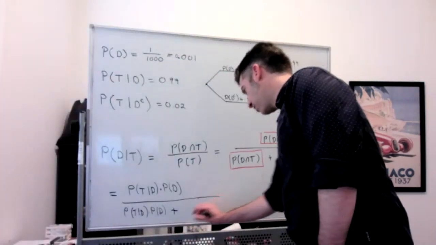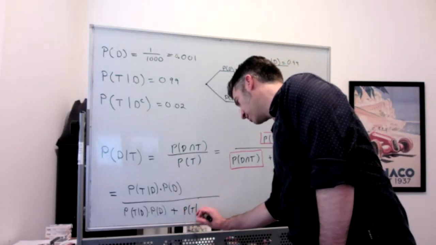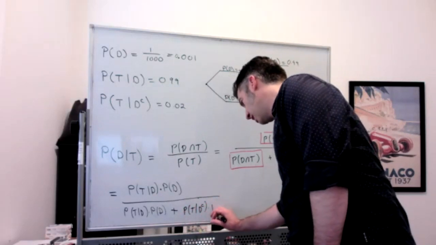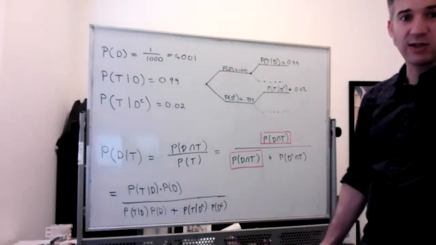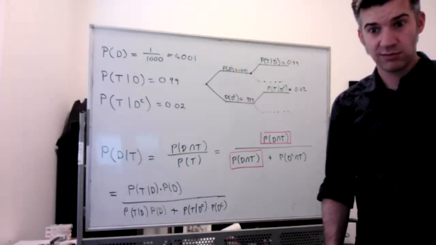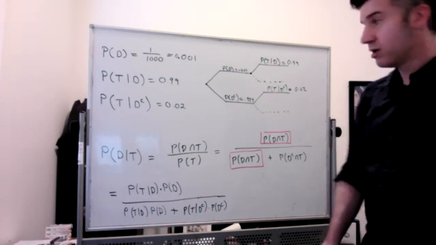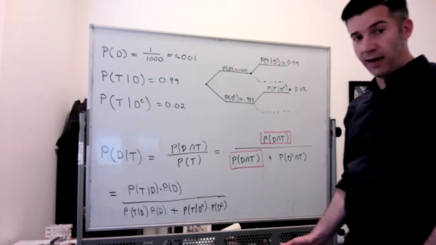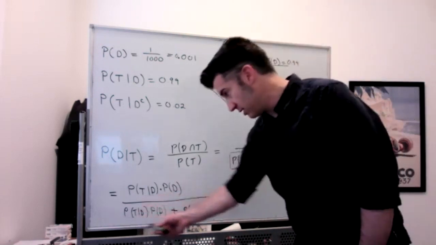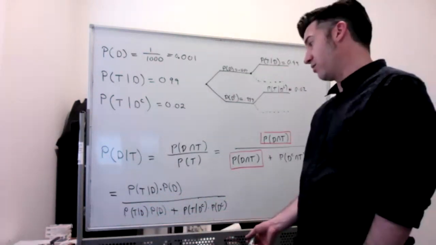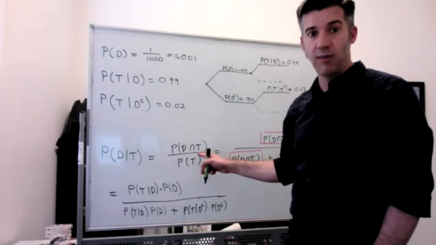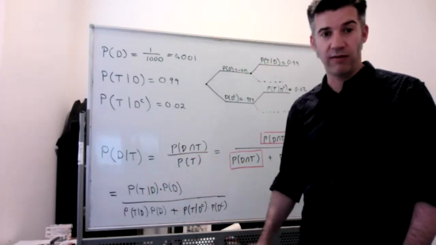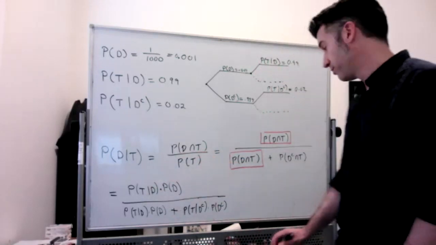And then the other part of your denominator is the probability of testing positive given that you don't have the disease times the probability of not having the disease. And that's your Bayes formula. It's kind of it. So notice we have to find the total probability of testing positive, which is down here. And then we're dividing the probability of having the disease and having a positive test by that total probability of having a positive test.